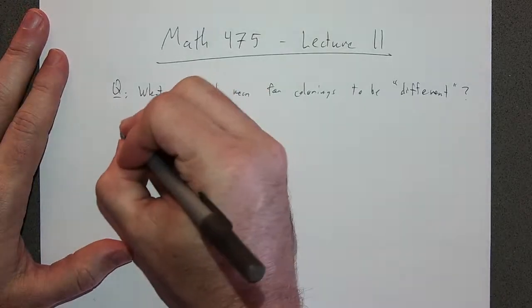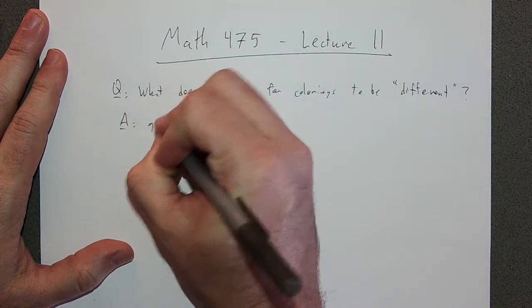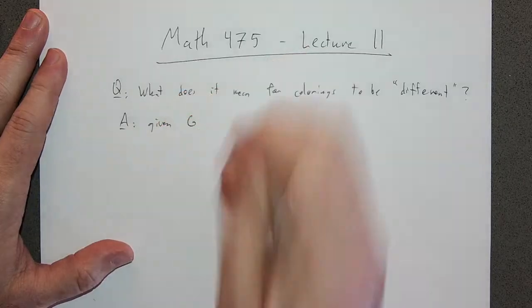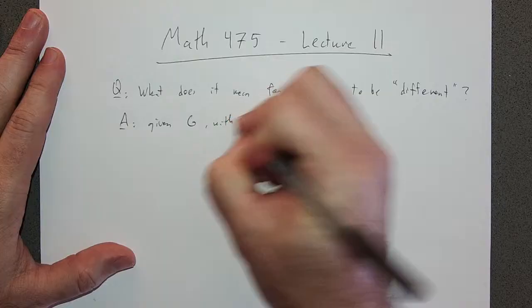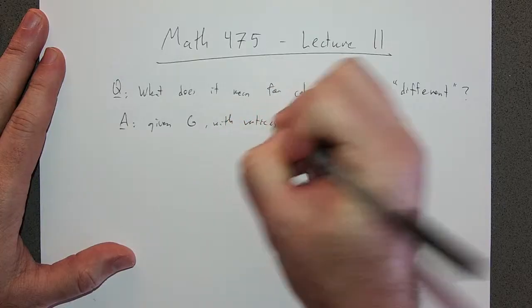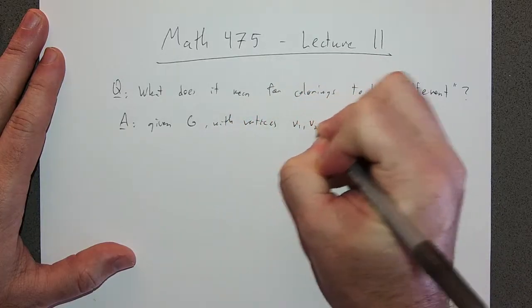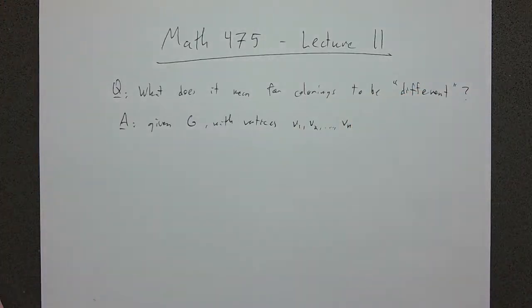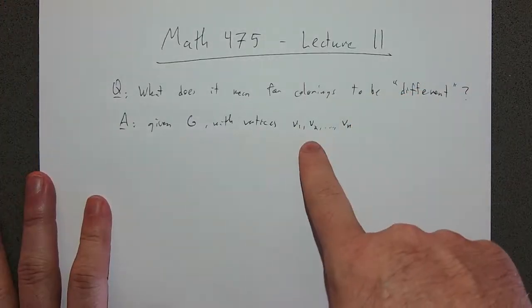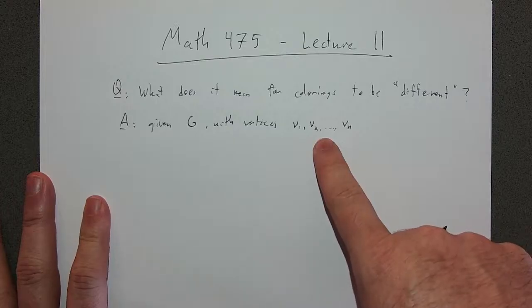The answer is, given some graph G with vertices, say v1, v2, and so on, up to some vn, a coloring of G, of course, is an assignment of a color to these vertices.